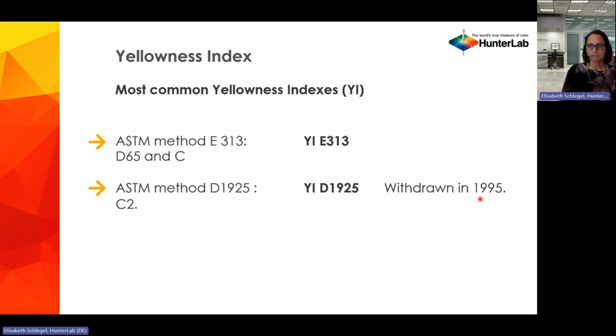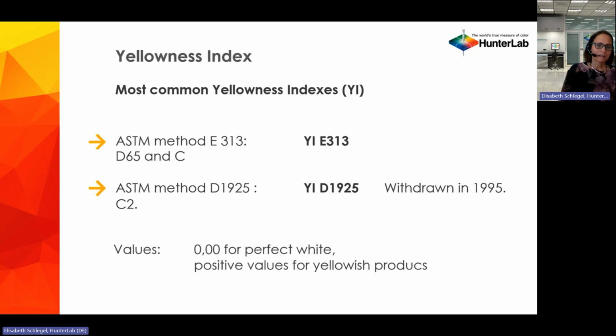Still some companies use it because they're used to it, of course. For the yellowness index, you would have 0 for a perfect white, and then positive values, the more yellowish the product is.